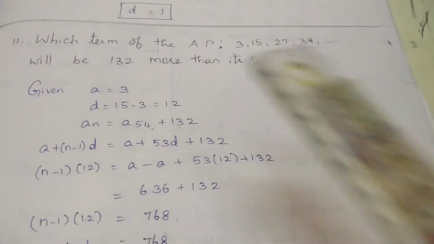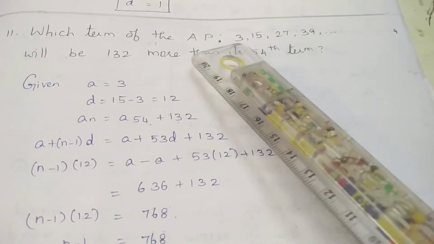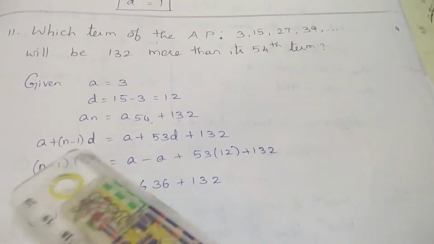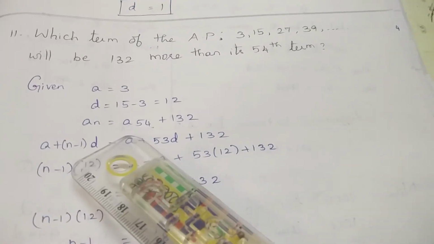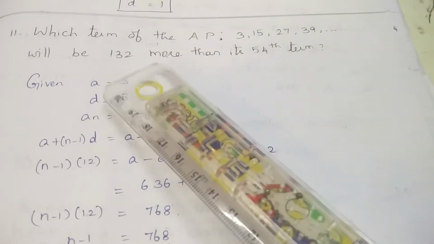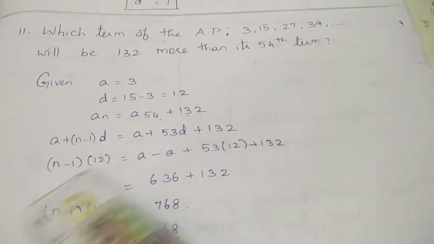So from the given AP, a equal to 3, d equal to 15 minus 3, 12. an equal to, because an only you are going to find, an equal to a54 plus 132, because it is 132 more than a54. Then substitute the formula, a value, n value, all those things.